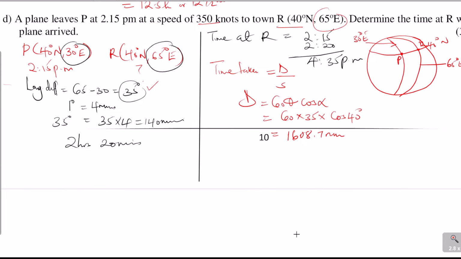Now it is easier to get the time taken. The time taken will be given by the distance, 1608.7 nautical miles, divided by the speed in knots. That will give the time in hours. So you divide 1608.7 by 350 knots.